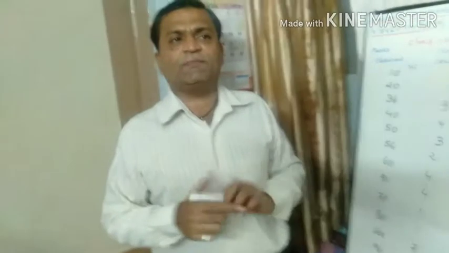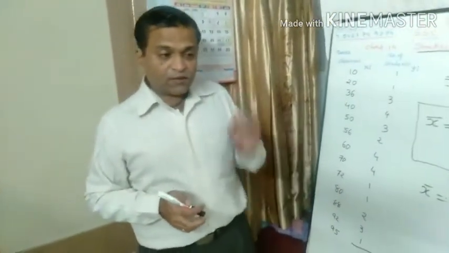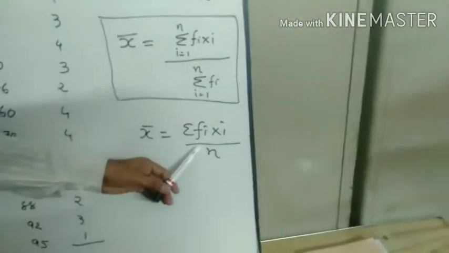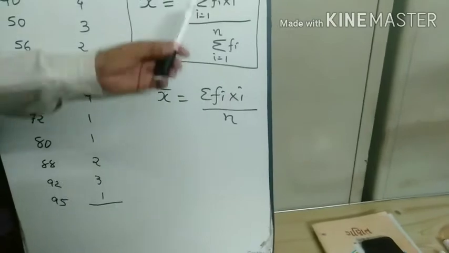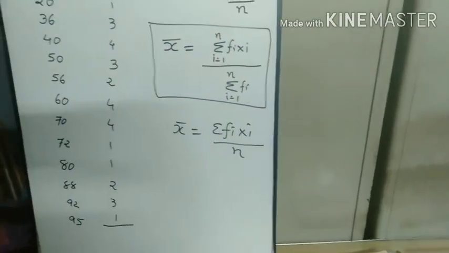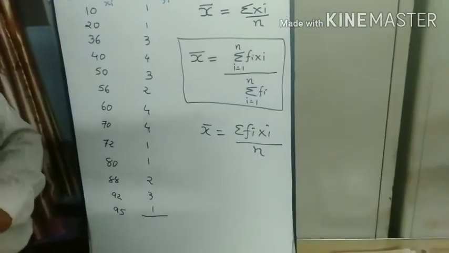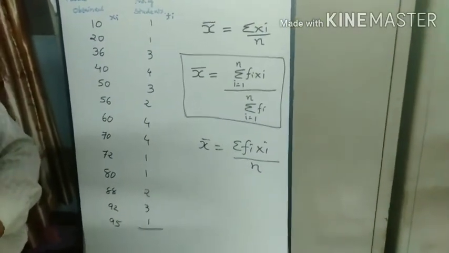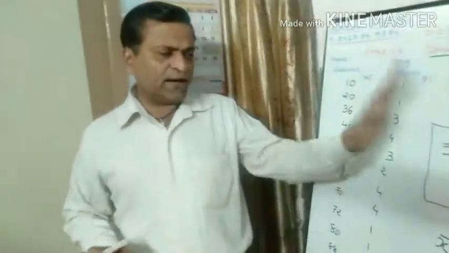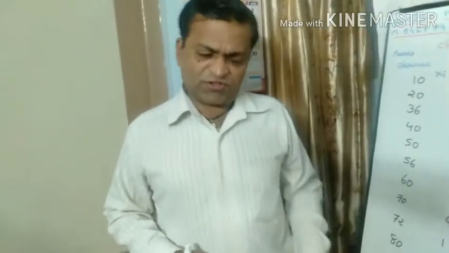There is no difference between them. If you find your teacher in school is writing this equation and I am writing that equation, or you transfer, then you will be confused that the method is going to change. No, no, no. Both are the same. You can write anything you wish.